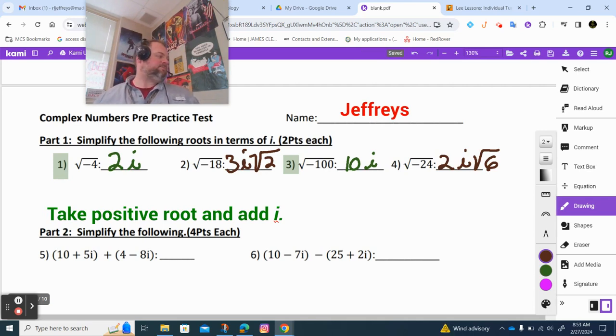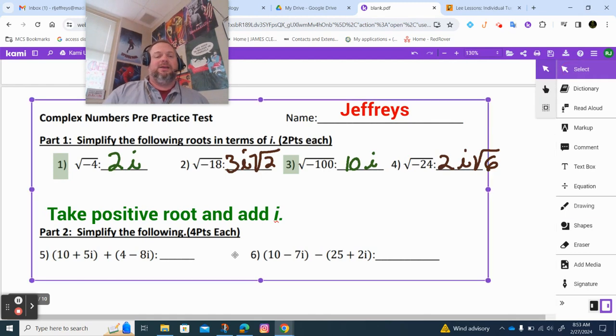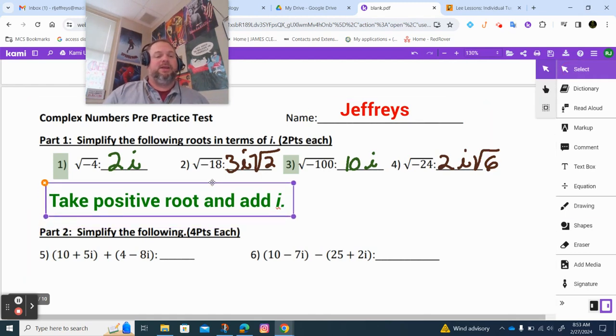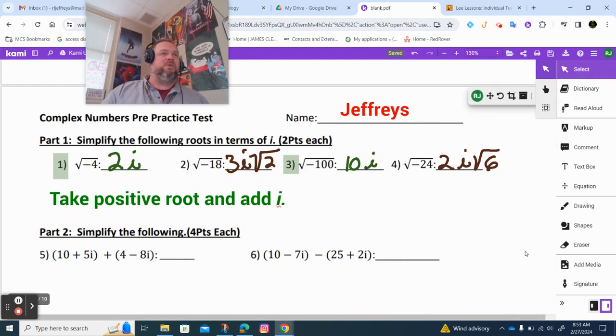All right. So if I was starting today to make my orange sheet for the test, I would put that: take the positive root and add i, or some type of note where, hey, this is what we do.